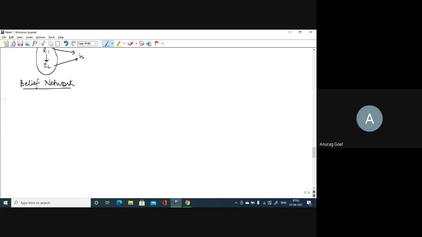A belief network is a representation of causal connections between different events with associated conditional probability.